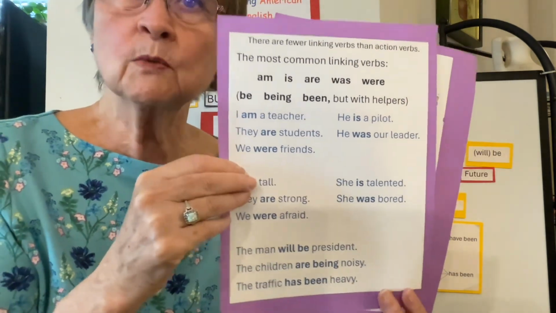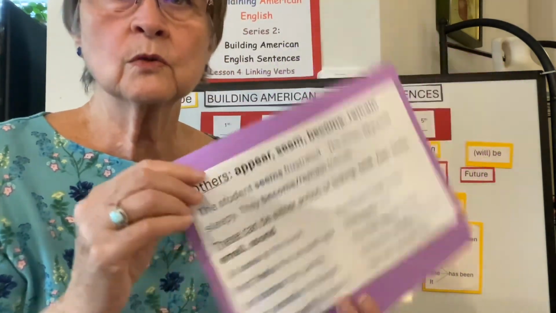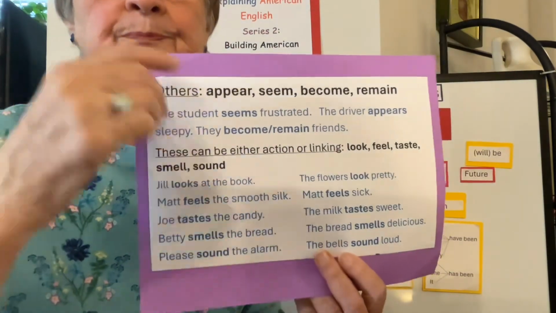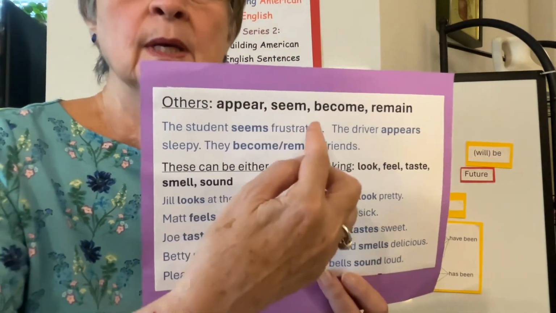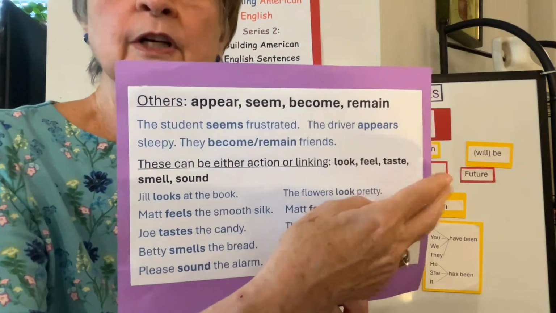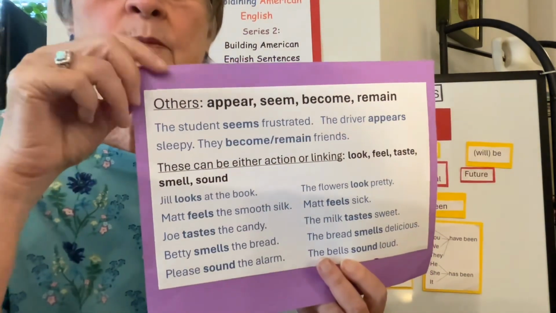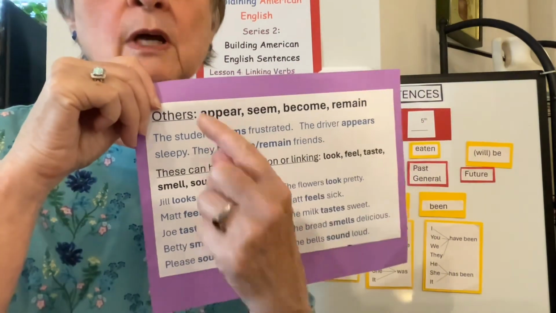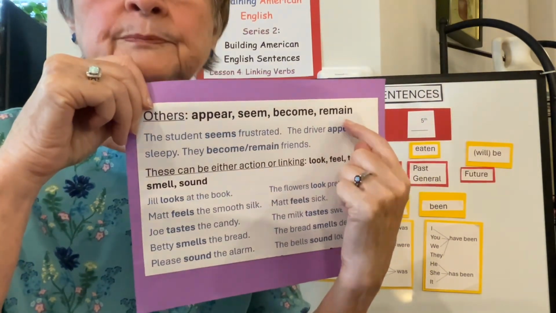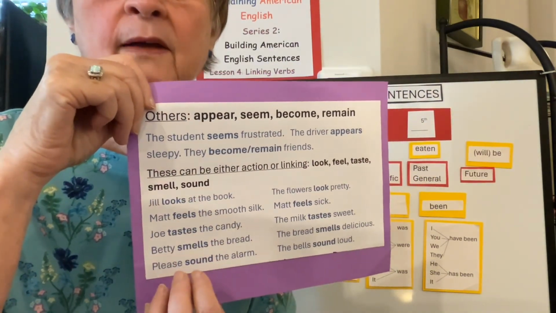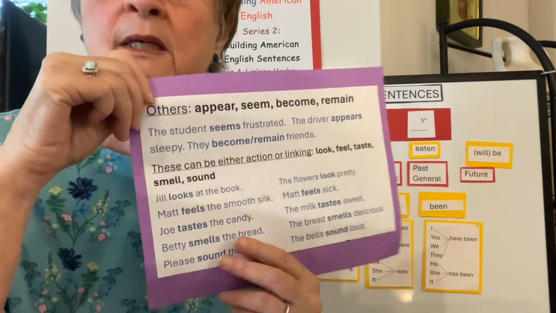And sometimes we're not sure. So we use one of these words. Appear, seem, become, remain. Very occasionally grow and go can be, but not very often, so I didn't put them on the list. We've just got these four, and then these five, and then we're through with linking verbs.